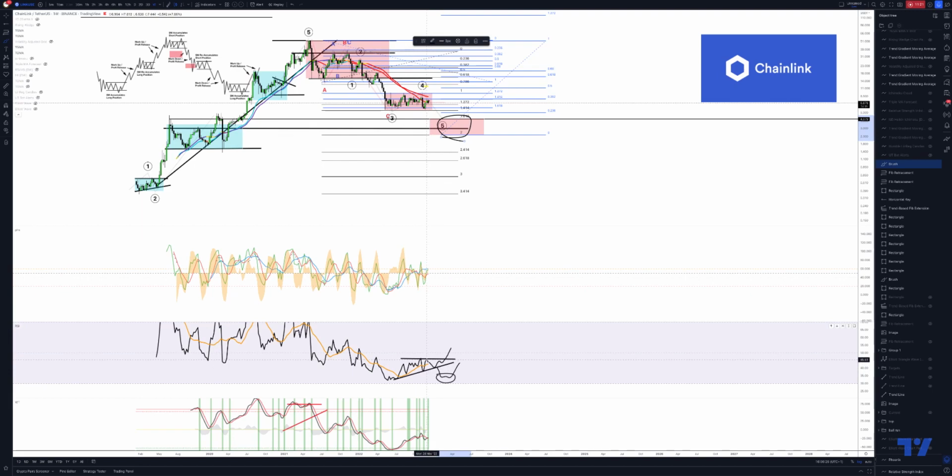At the moment, if it breaks that top level, then I would be bullish, and that could go up further. Then I'll pretty much say that's just the ABC correction, and then further up, start our new wave 1, 2, 3, 4, 5. So you can see the bigger picture.